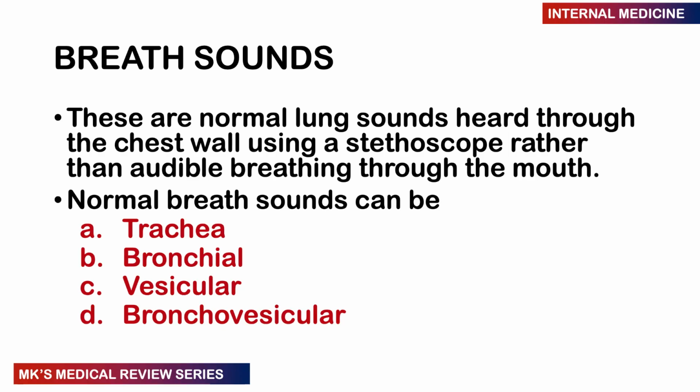So remember that these are going to be heard over the entire chest using your stethoscope, rather than what you're hearing with the breathing of the patient's mouth. So the normal breath sounds could either be tracheal, they could be bronchial, they could be vesicular, they could be bronchovesicular. What's the difference?